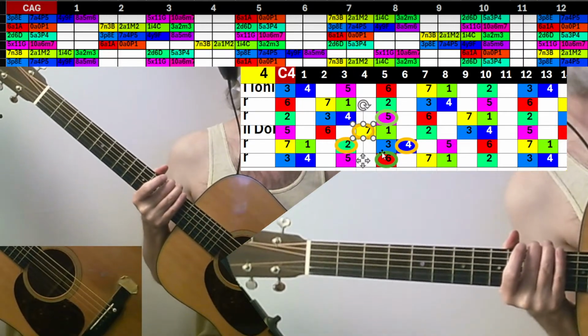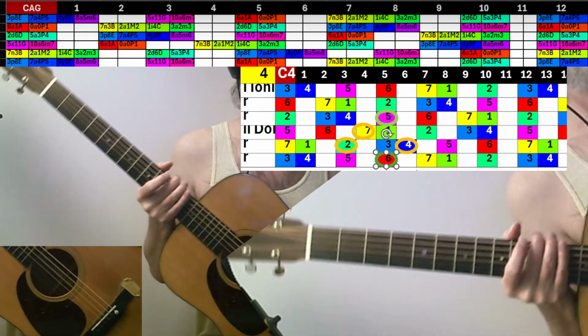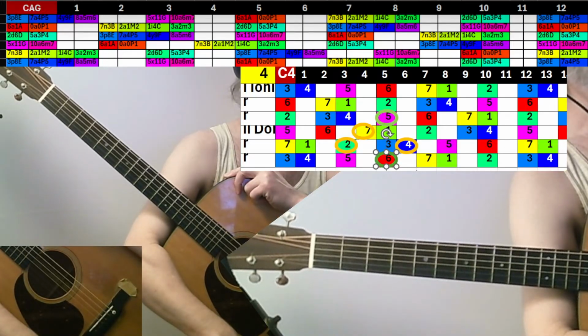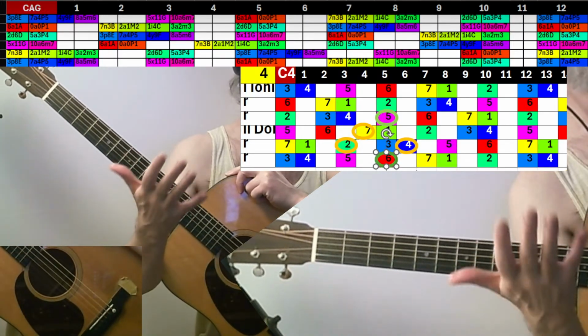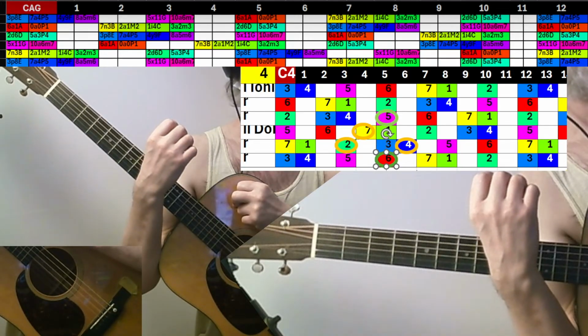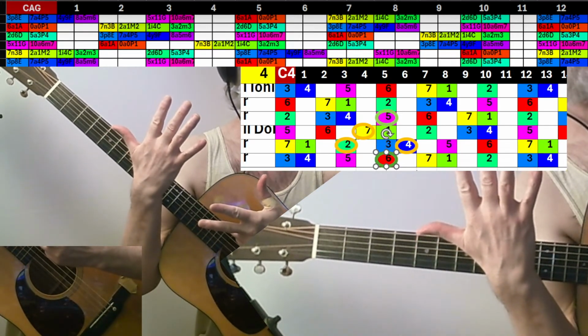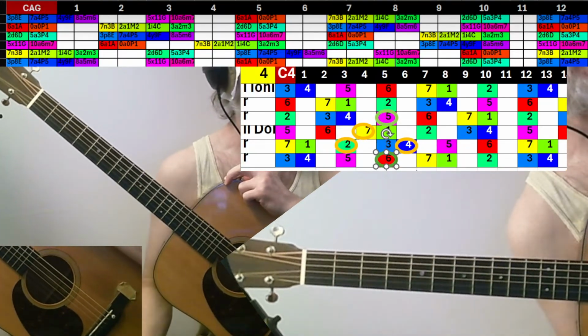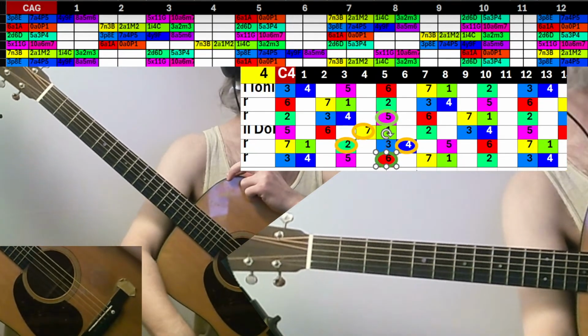Okay, so that shape, I'm focused on this one, which is the eighth modal half step, ninth scale degree. So that means that the Aeolian is always the eighth modal half step or ninth scale degree of Mixolydian.